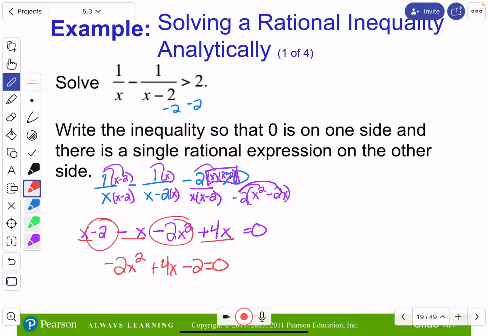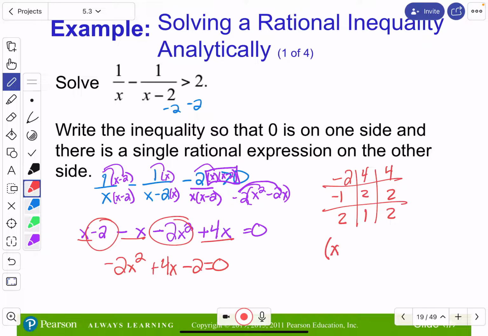So let's see here. How did I do that? If I tic-tac-toe this, we get negative 2, 4, and 4. So factors would be 2 and 2. Greatest common factor would be 2. Multiply up. Multiply across.